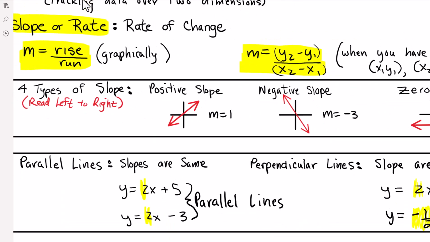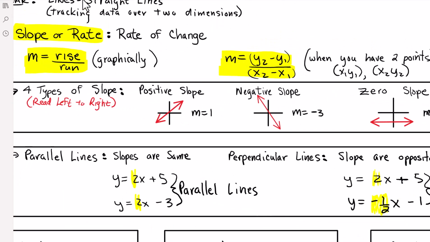All right, 4 types of slope, and this is as you read left to right. So you start over here and you read this way. So as we read left to right, if we start here, that line is going up, so that slope is positive.